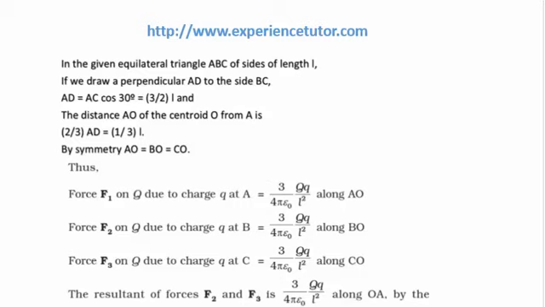Force F3 on small q due to the charge capital Q at C is equal to 3 by 4 pi epsilon naught, capital Q small q by L square, along CO. The resultant of forces F2 and F3 is 3 by 4 pi epsilon naught, capital Q small q upon L square, along OA.